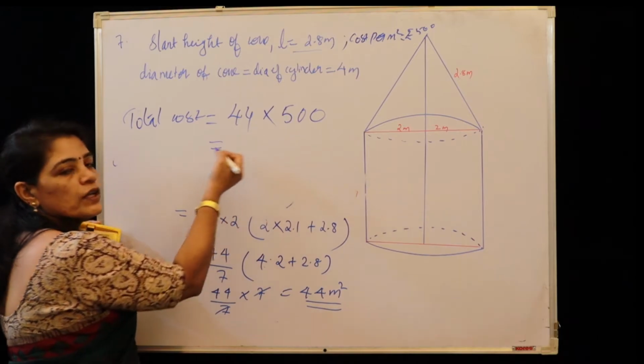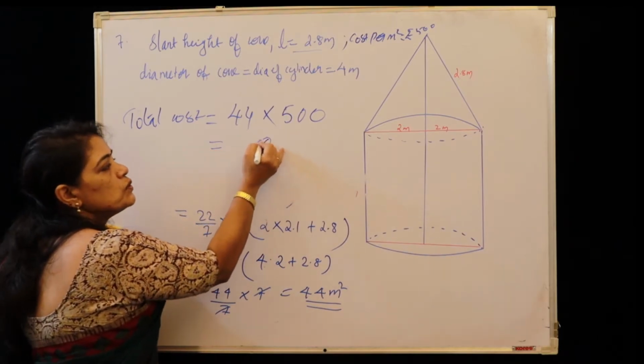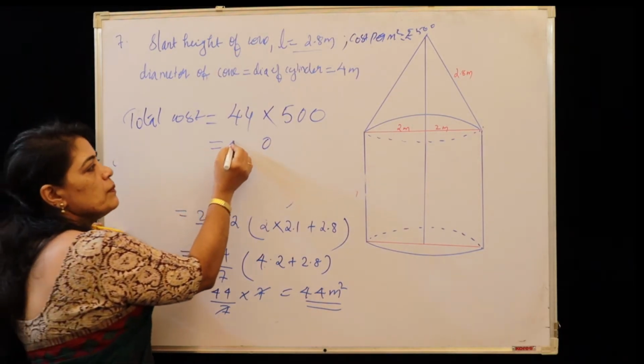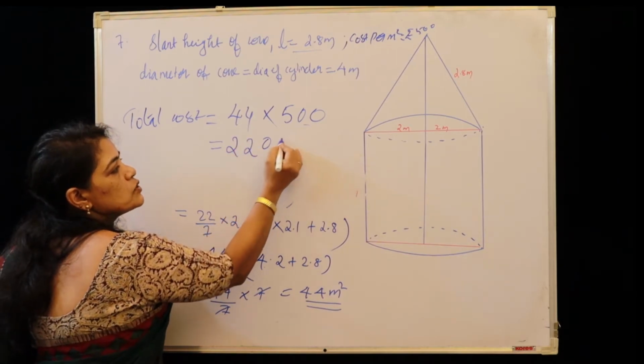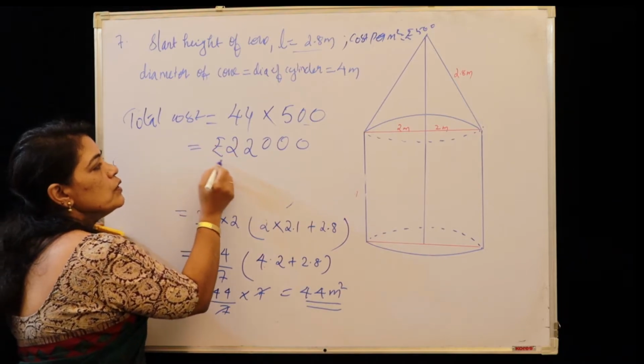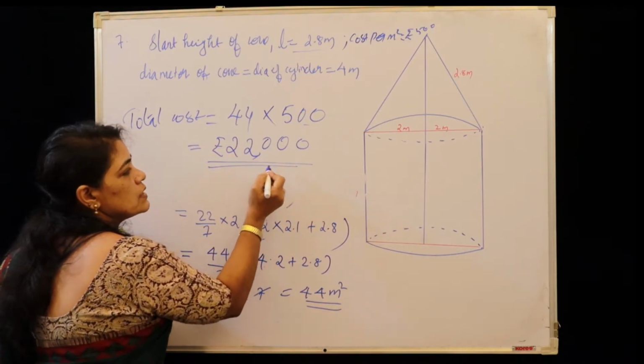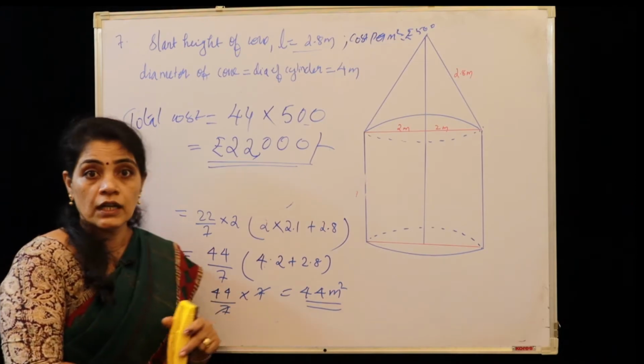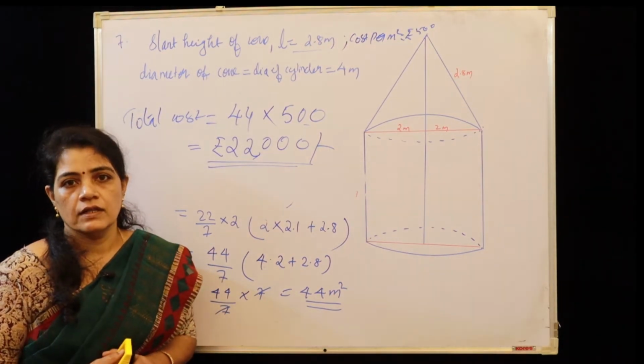So 44 into 5: 5 4s are 20, plus 2, 22, and then these 2 zeros. So this is the amount, rupees 22,000. This is the total cost for making the canvas.